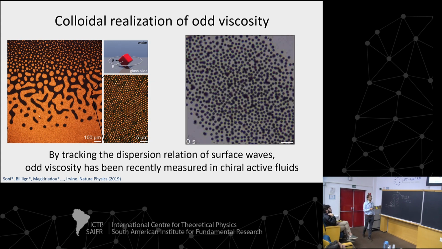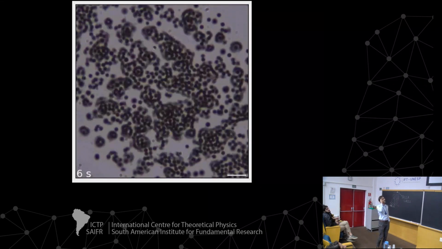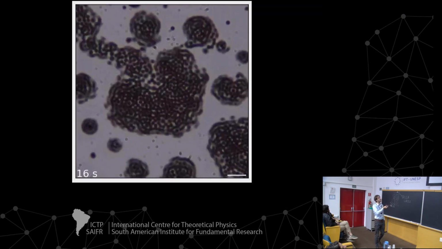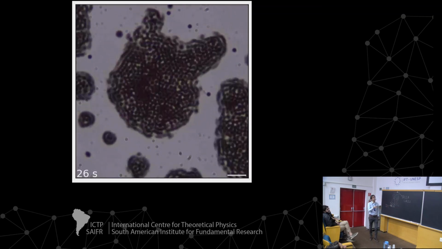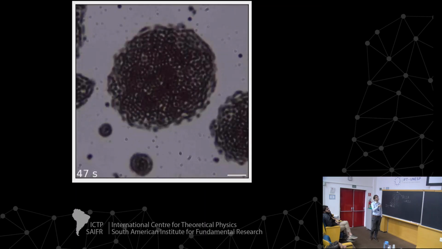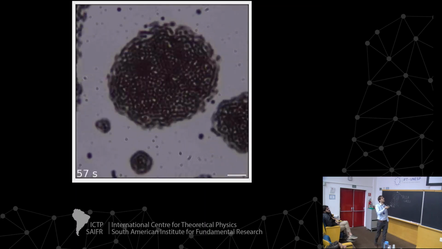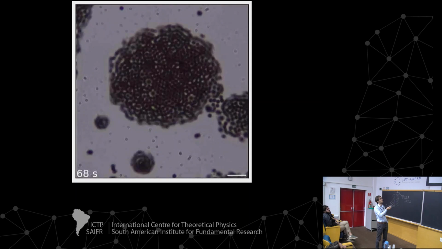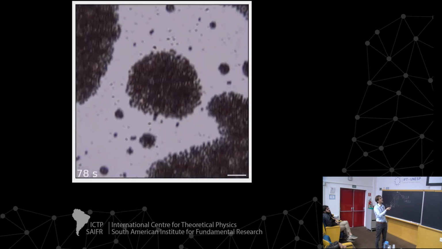You can see that in a video here, where you can tell at this micro mesoscale that you're really forming a fluid. You can zoom in onto a single droplet and see how the colloids flow around.